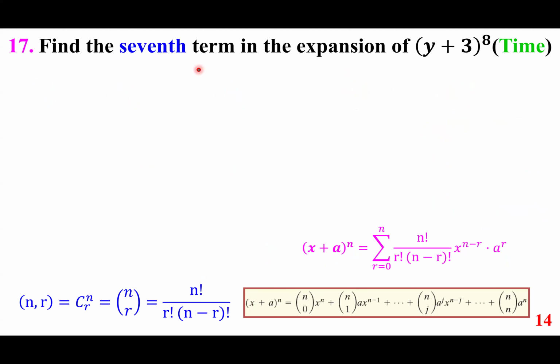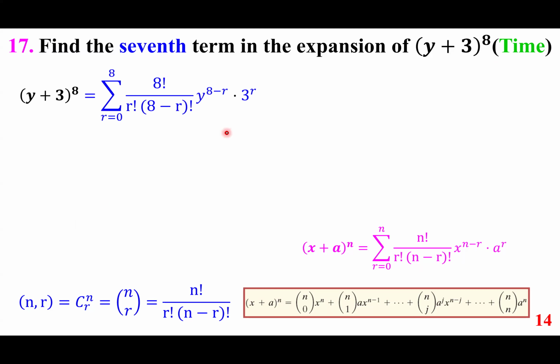Find a specific term, in this case, the 7th term in the expansion of (y + 3)^8. If there's time, we do that. We have time, we're going to go over that. Let's see how we approach that.